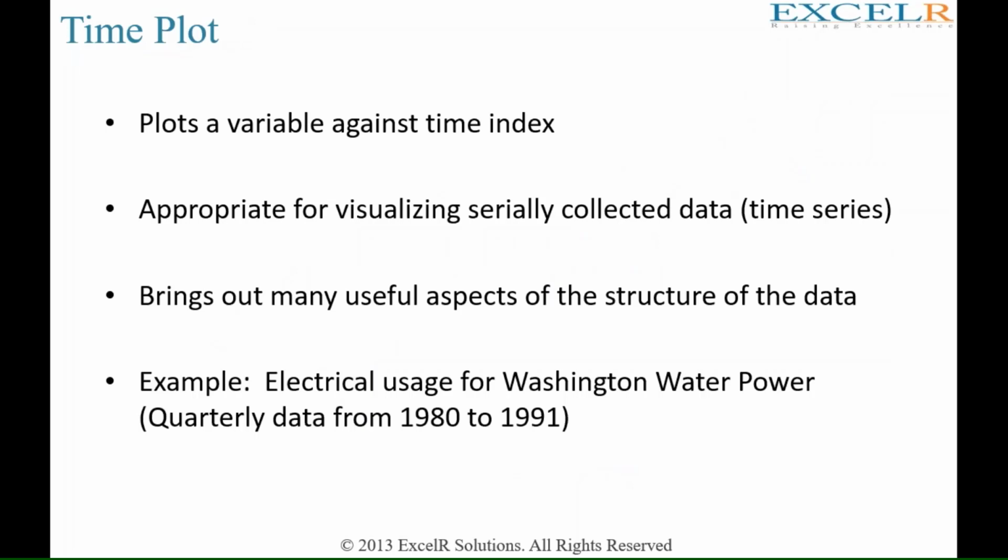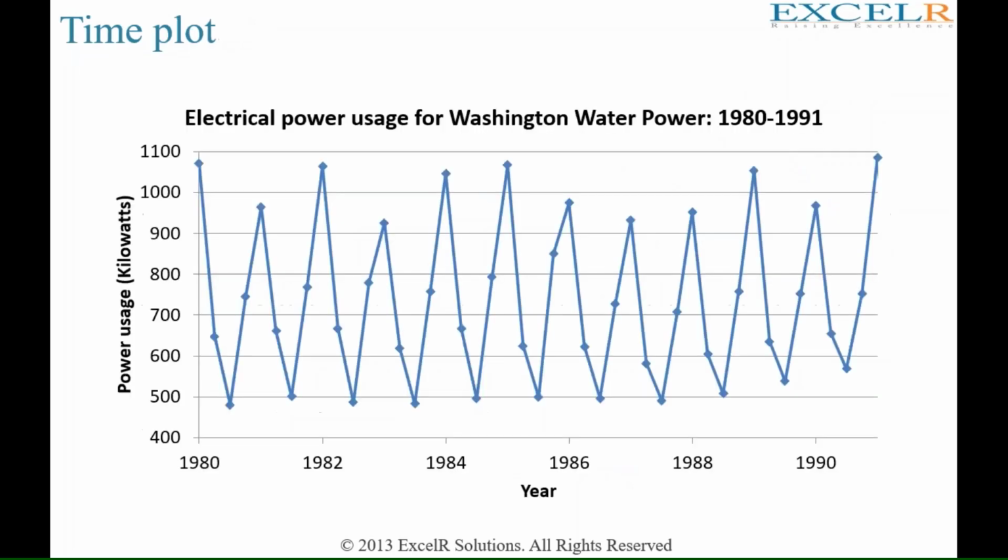If time series data is given to us, then we need to ensure that we plot time on the x-axis and whatever be the variable of interest on y-axis. So you have power usage on y-axis and you have time on x-axis.